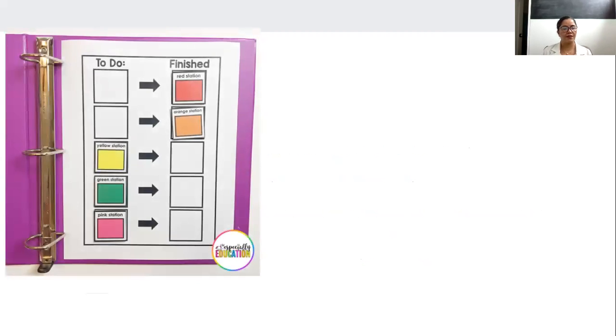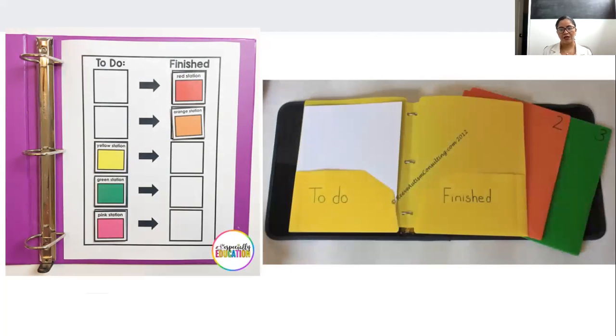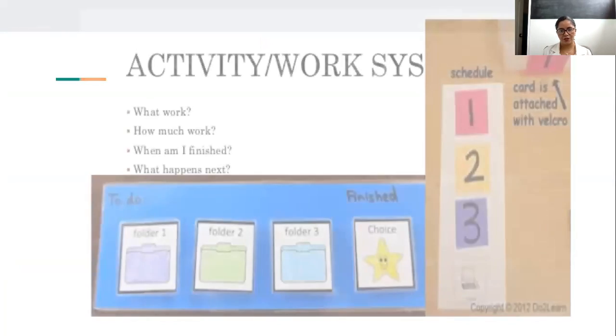But we can use things like these, which I found quite easy, but actually quite useful. For example, having a folder in which they know exactly what activities to do and they can complete them when they finish. Another idea is to have something like this, in which they put on one side the activities that they need to do, and on the other side the activities that have been finished.